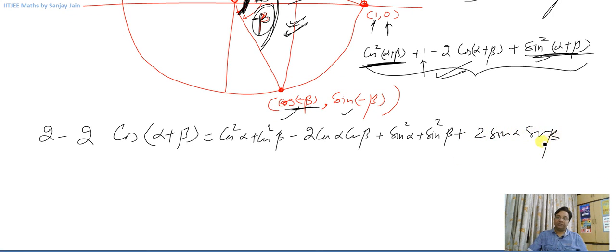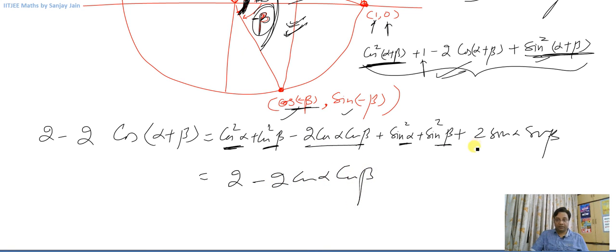And if you notice, this plus this and this plus this, these will be 1. Cos square alpha plus sin square alpha will be 1, and sin square beta plus cos square beta will be 1. So I'll have 2 minus 2 cos alpha cos beta plus 2 sin alpha sin beta.